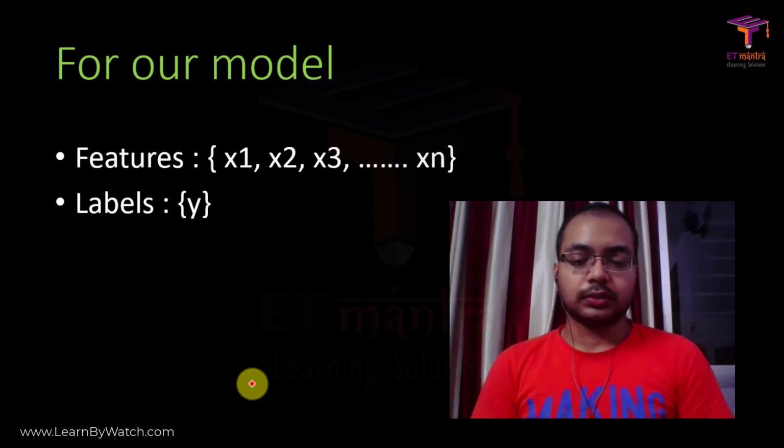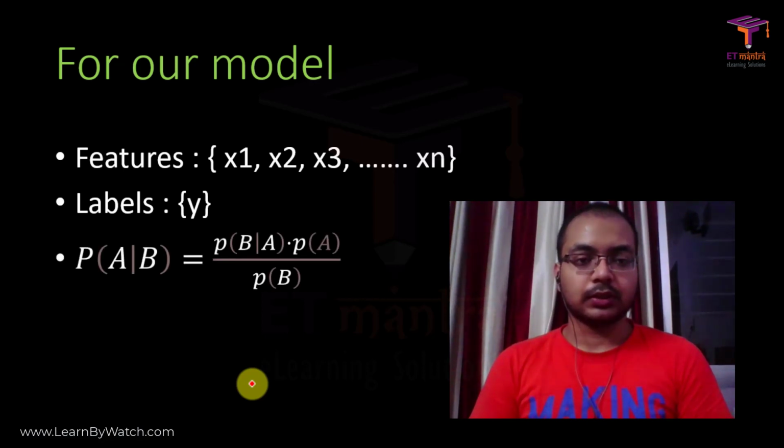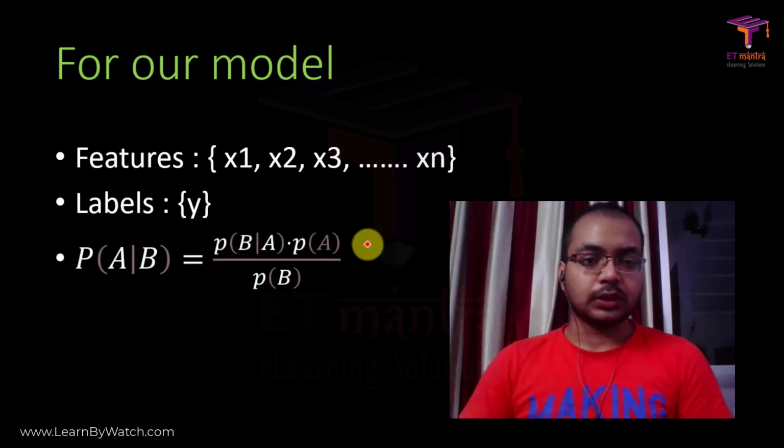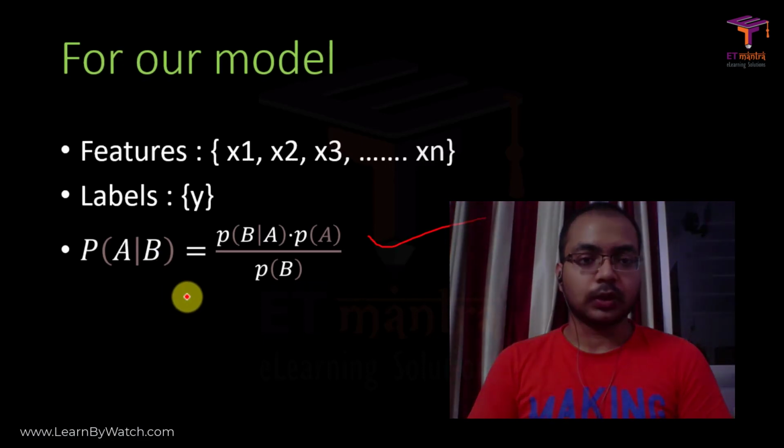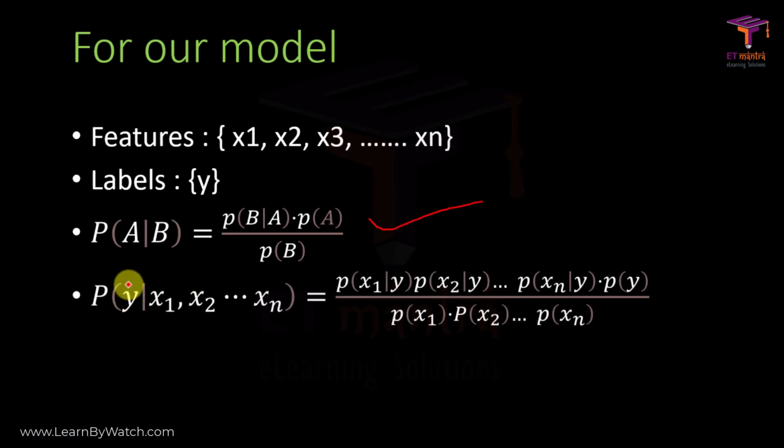So how do we apply it to our Naive Bayes model? You remember this equation from the previous slide. Now let's apply this to our model. What are we doing basically with our model? We are given these input features and we want to find out the probability of occurring Y. Same thing was with this formula.